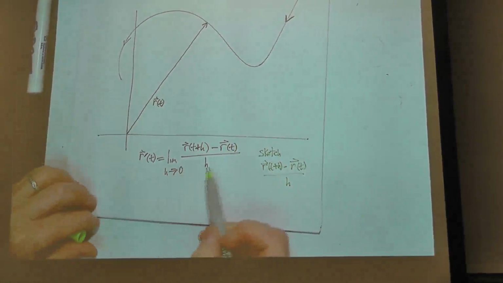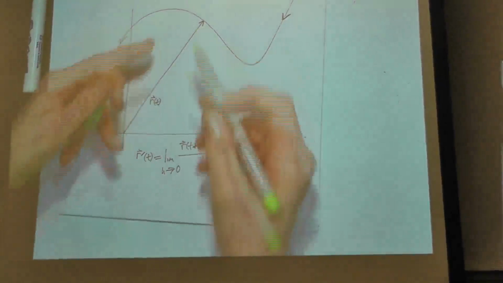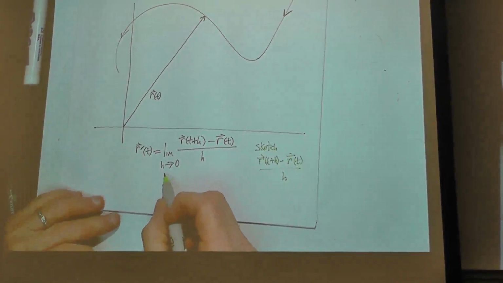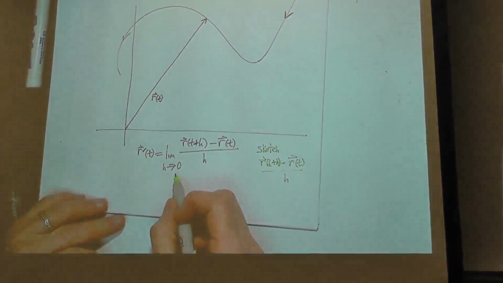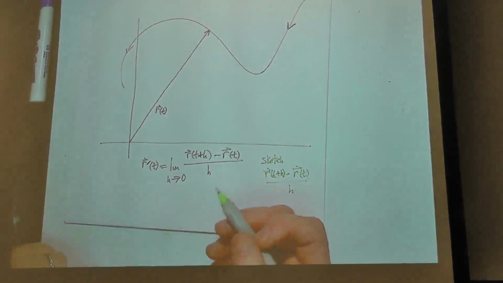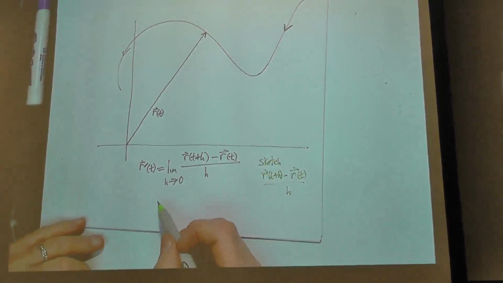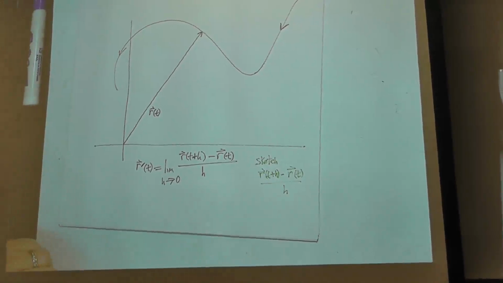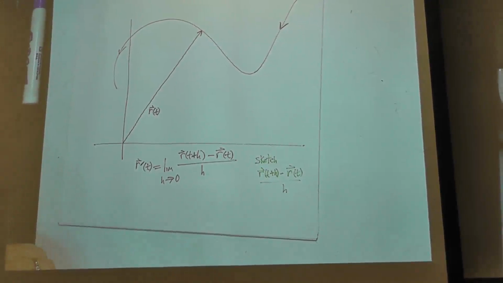It matters in terms of the picture I draw, but with this limit, h can go to 0 with either positive or negative numbers. So I will do one of those two cases. Any preferences? You want h positive, you want h negative?